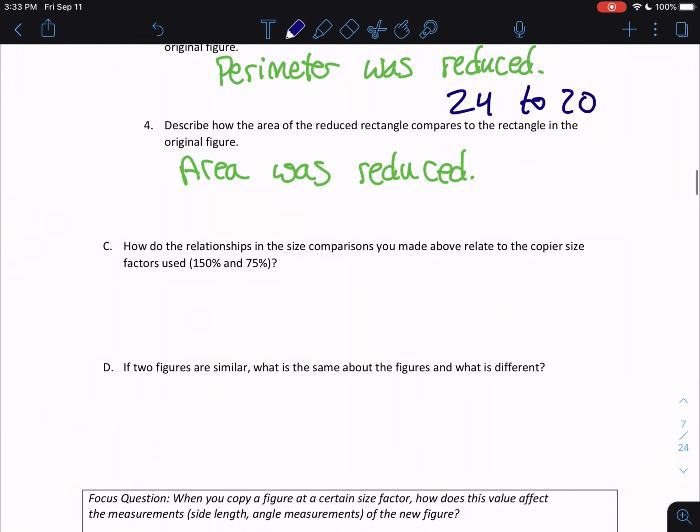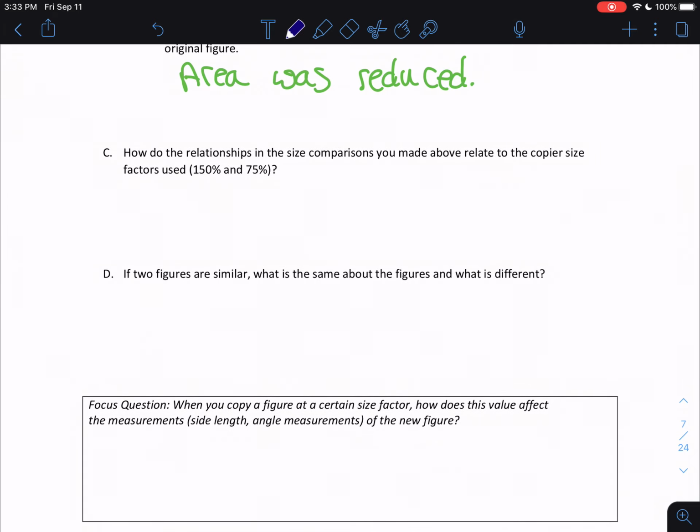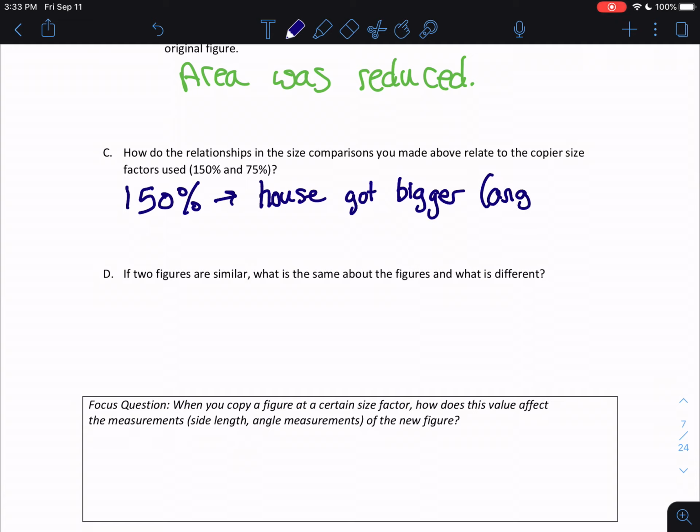Okay, so now we have these two questions. How do the relationships in the size comparisons you made above relate to the copier size factors used? So what do you think? Let's think about what happened in the 150% house. Well, if you said everything got bigger aside from angles, you are 100% correct. The house got bigger. But something to note, the angles stayed the same.